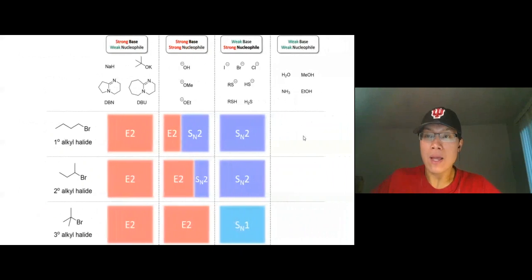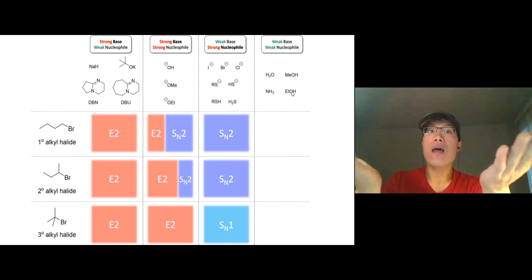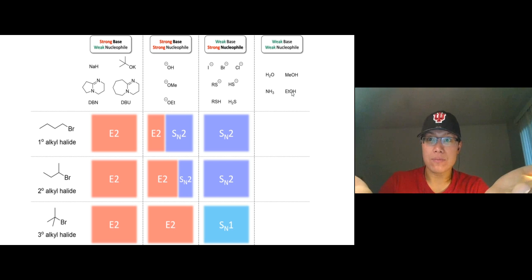And lastly, the easiest one: weak base, weak nucleophile. The only reaction this guy will do is either E1 or SN1. Does it make sense? A weak reagent can go either SN1 or E1, which must pass through a stable carbocation.